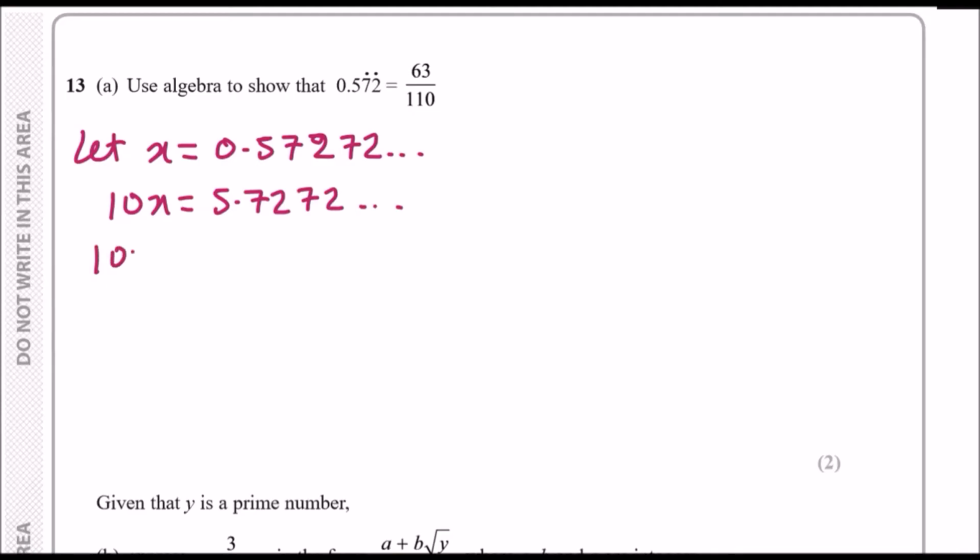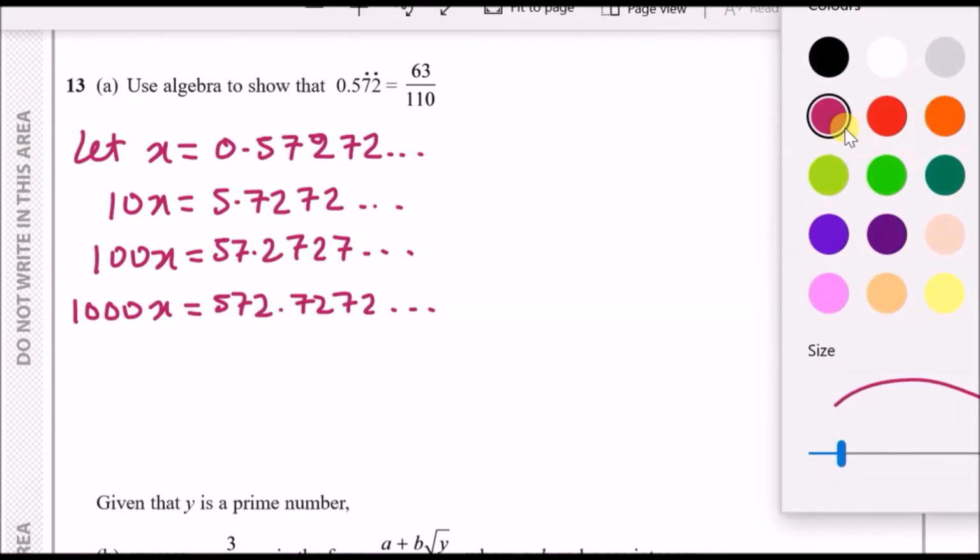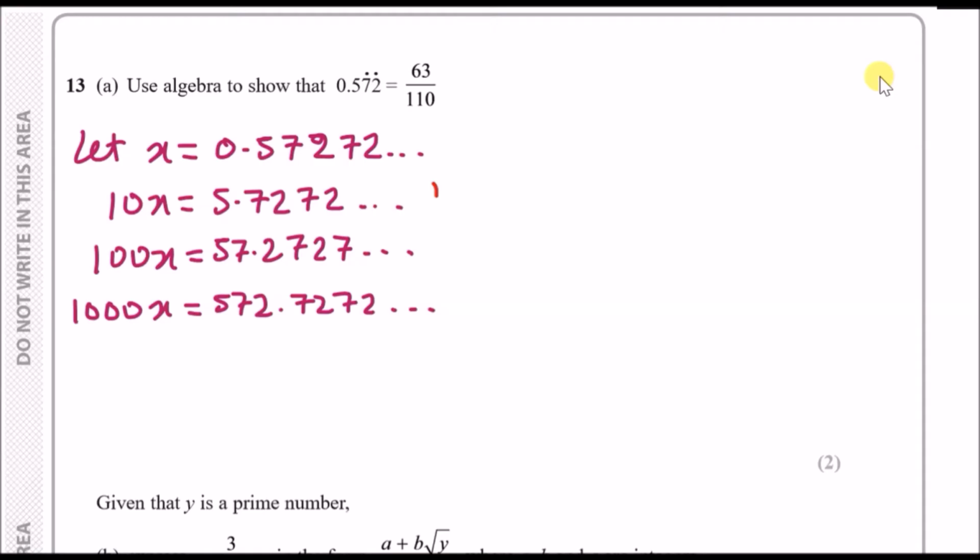You get 100x equals 57.2727. And probably one more time, 1000x, and this will give us 572.7272. Now, looking at all the equations, I can definitely tell that on the decimal part, the 10x equation and the 1000x equation line up. Why? Because they both have 0.7272, 0.7272.